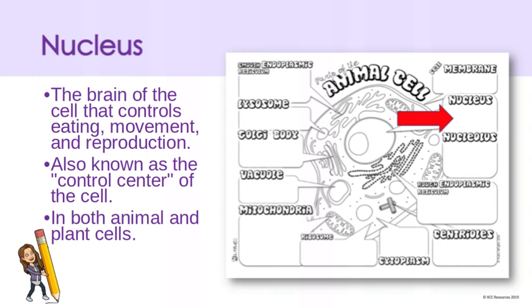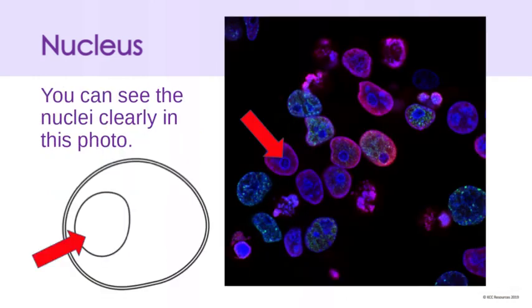So here's a picture from under a microscope where you can actually see the nuclei, which is just the plural for a nucleus. Here the red arrow is pointing to individual cells under a microscope, and you can see the arrow pointing to the nuclei in that cell.